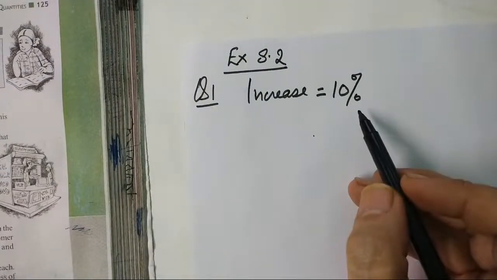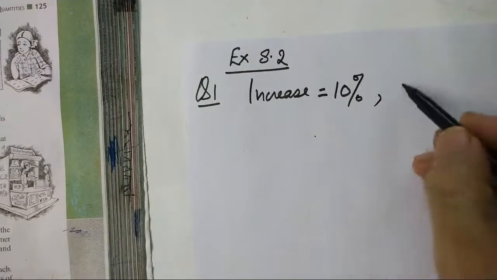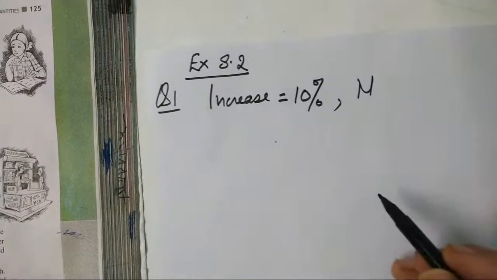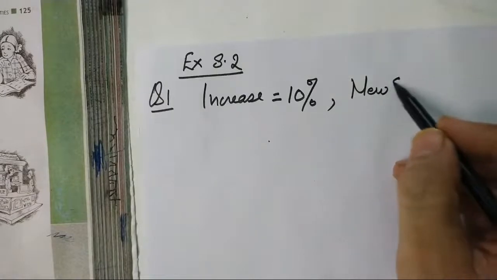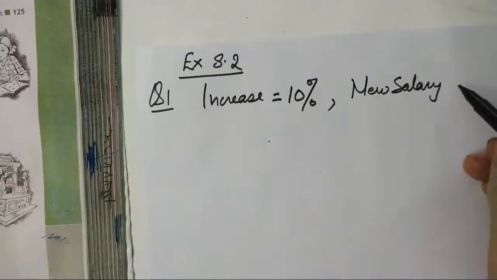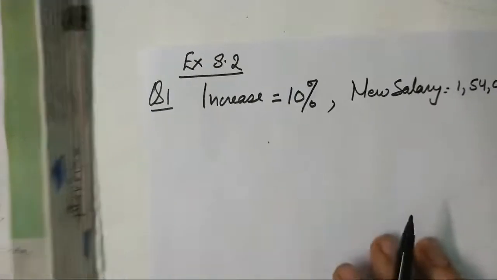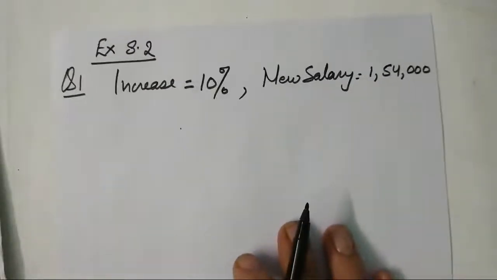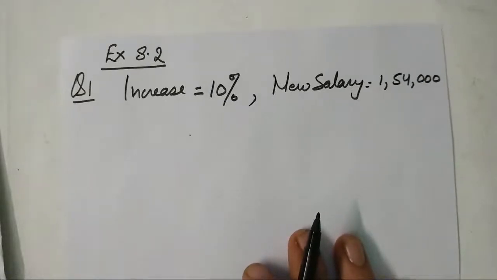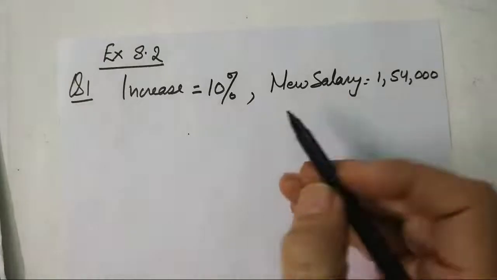First write down whatever is given to you. The increased salary or the new salary is 1,54,000, and the question is find his original salary.